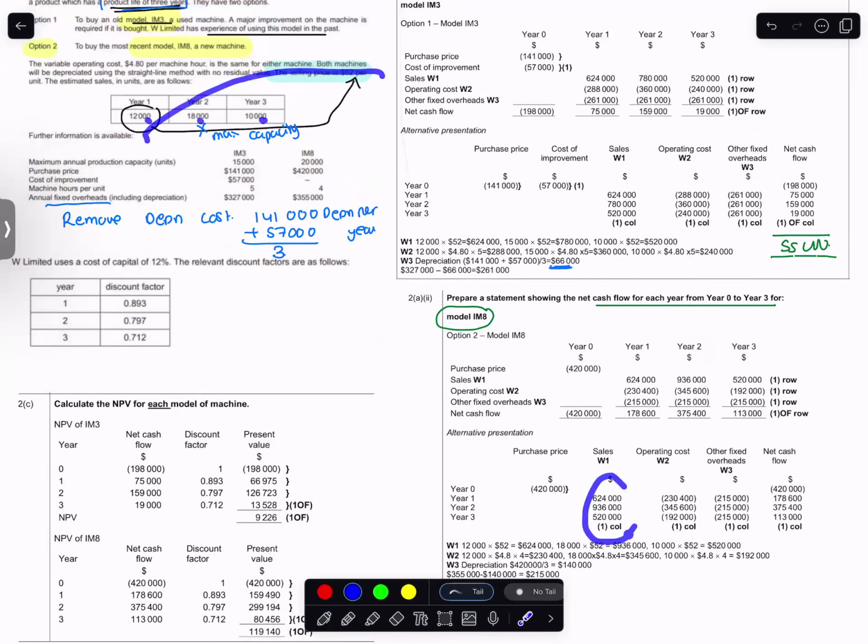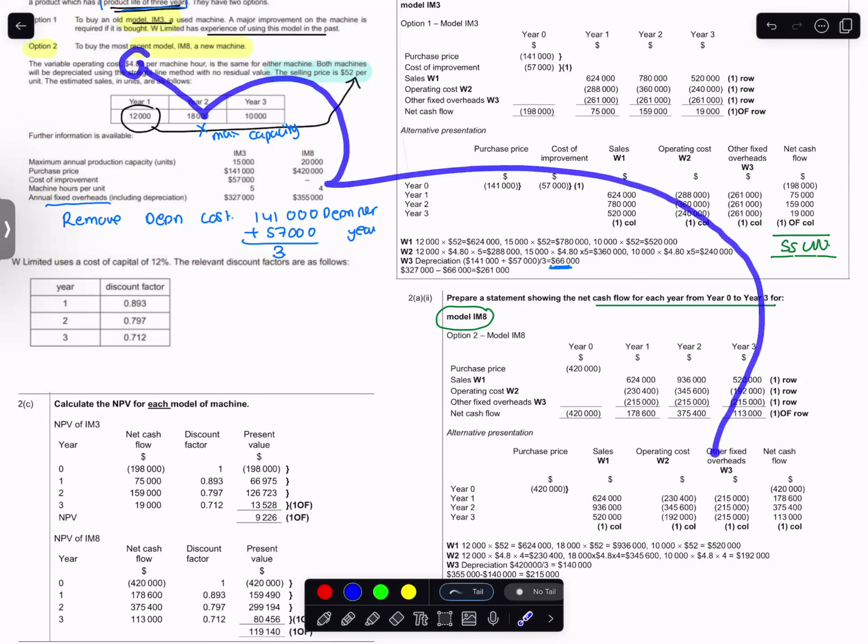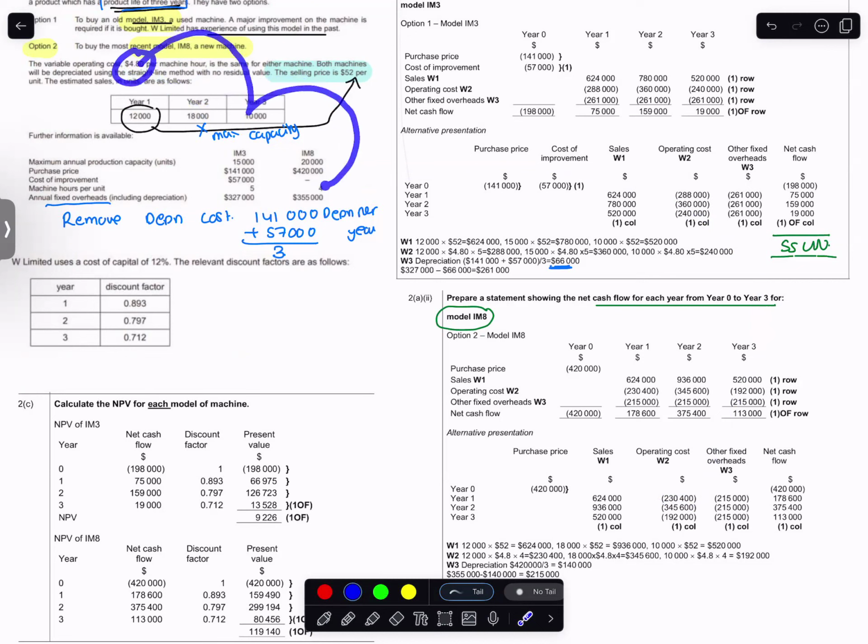You get sales. Operating costs. You'll do 4.8 into 12,000 into 4. Then again 4.8 into 18,000 into 4. Then 4.8 into 10,000 into 4 for year 3.